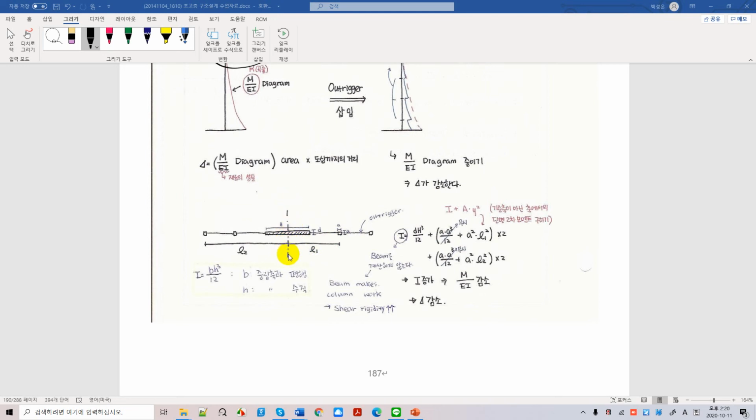Okay, now you have to study your previous classes on how to calculate, but this is very straightforward, easy.